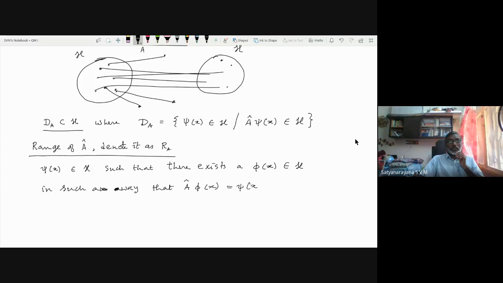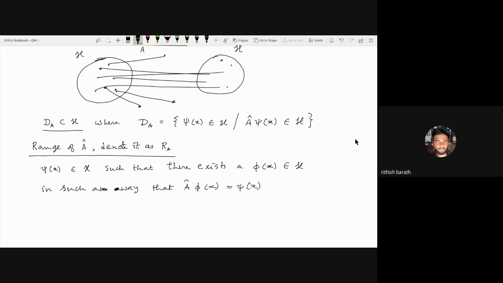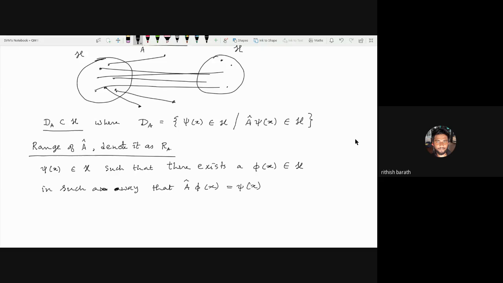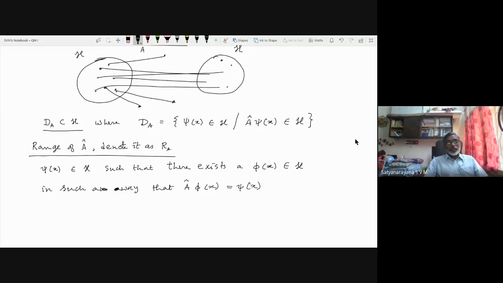Sir, just to avoid confusion, you can put H1, H2, because sometimes people might get confused. It is not H1, H2. It is the same H. It is mapped to the same H. Yes, the spaces are the same.